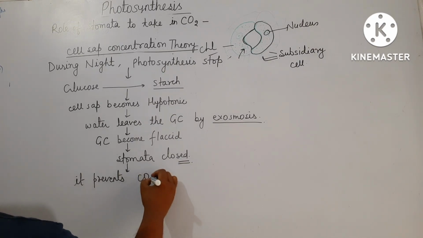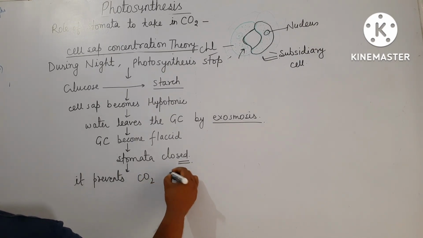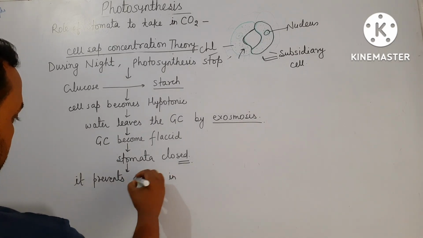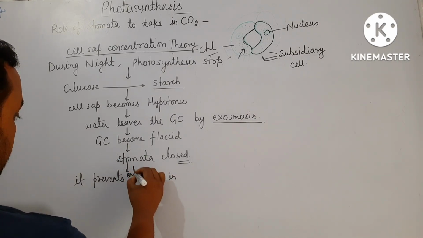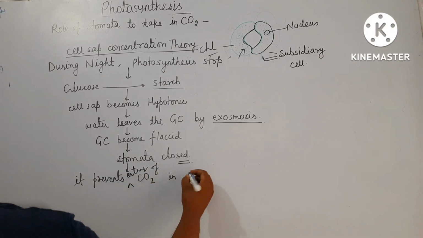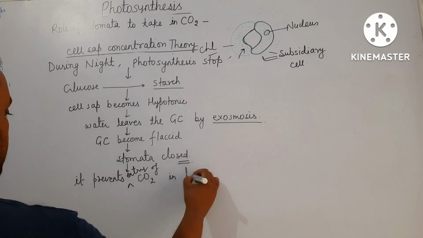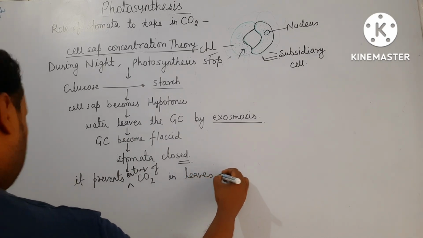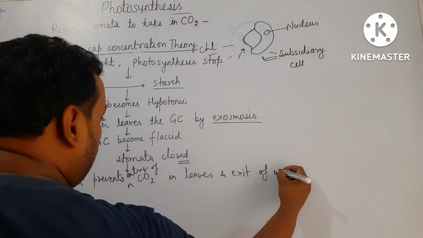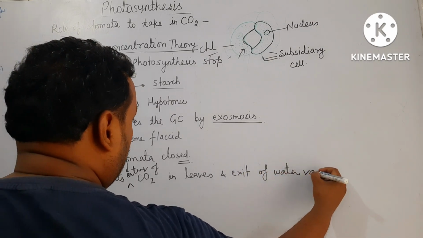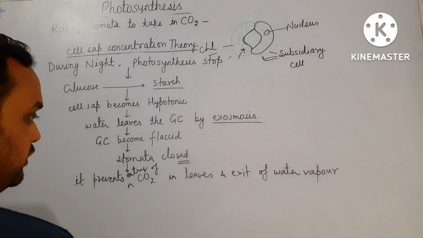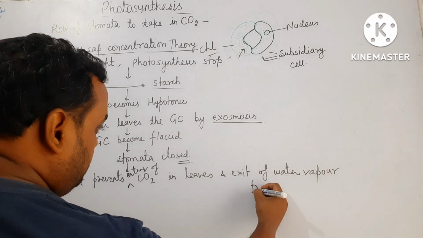Actually, when the stomata are closed, then it prevents the entry of CO2 in the leaves and the exit of water vapor from the leaves.